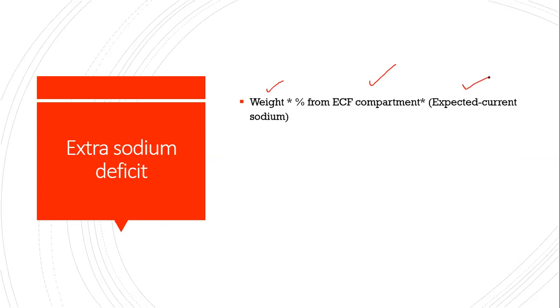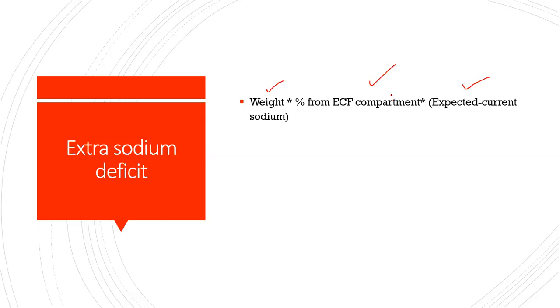Ideally you expect to correct the sodium to 130 milliequivalents. You generally don't correct it to 135 or 145. You try to maintain it at the lower limit because the body's mechanism is also going to jump in to correct the deficit. In that case, you don't want over correction of sodium happening. Hence the lower limit. So expected, we generally keep at 130 to 135, not beyond that.